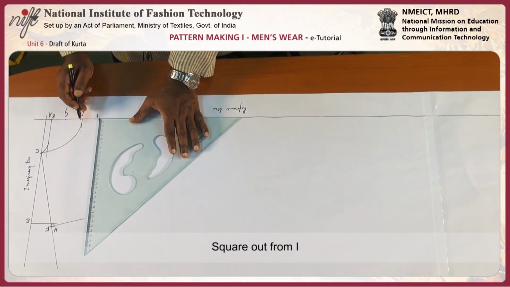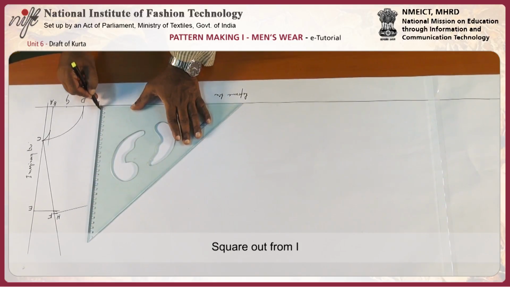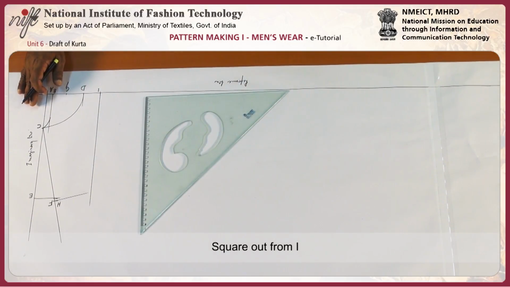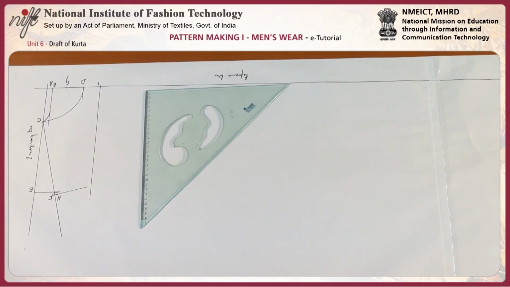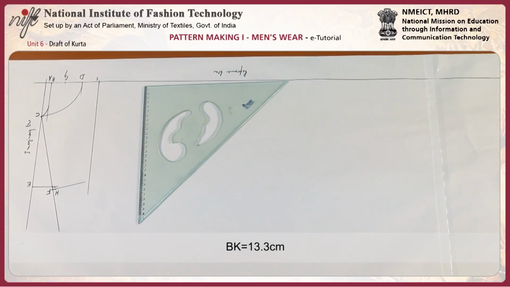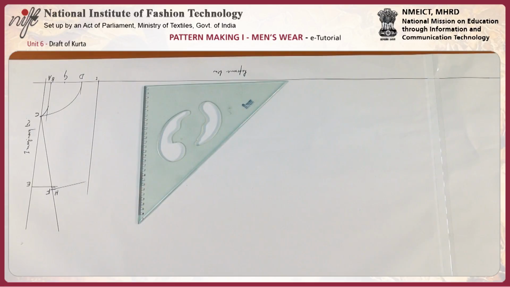Square out from point B. Then point B to K; J will be measured after K, or can be measured before K. After measuring J, you can also measure K. In this case, I am measuring K before, to conclude a little faster.